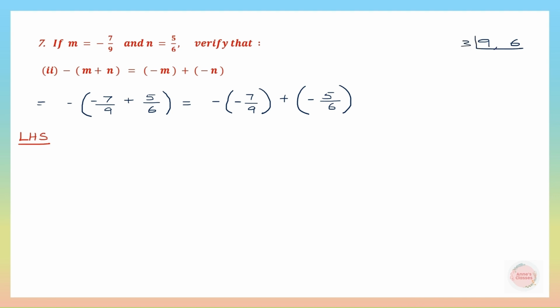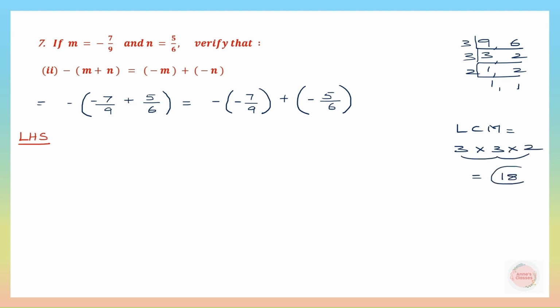Now 3 3s are 9, 3 2s are 6, then 3 1s are 3 and bring down 2, 2, 1 and 1. So our LCM is 3 into 3 into 2. 3 3s are 9, 9 2s are 18. So we have 18 here as the LCM.